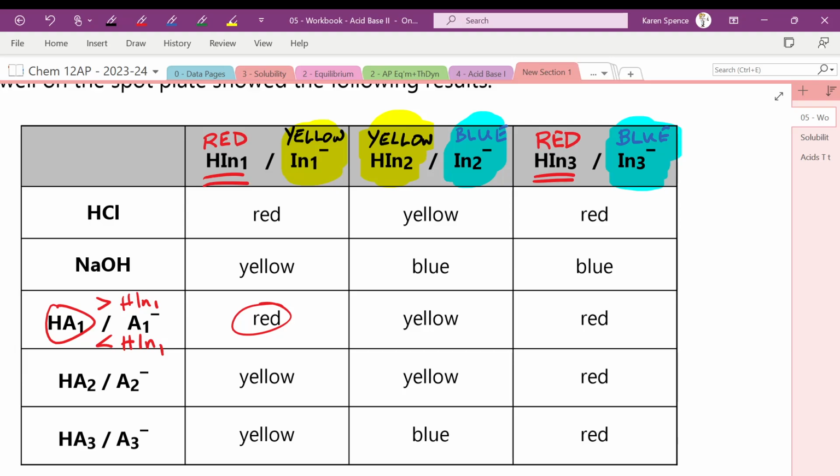HCl is the strongest acid, so it's going to always be stronger than the others. Anything that has the same as HCl will always be stronger than. Right?